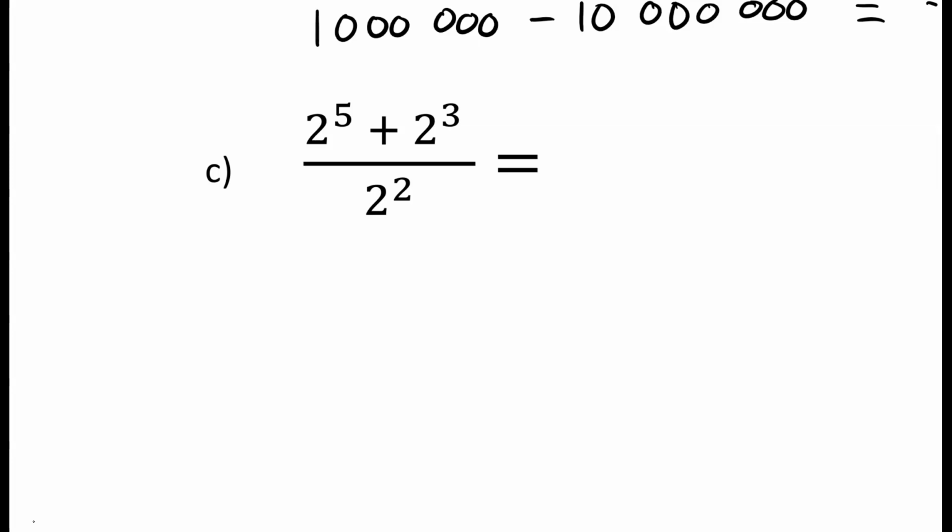For example C, we have 2 to the power of 5 plus 2 to the power of 3 divided by 2 to the power of 2. In this situation, no exponent law can be used because we have to first solve for our top portion, but we have addition in there, and then we have to solve for division portion. But because no exponent law can be used, all we're left with doing is evaluating.